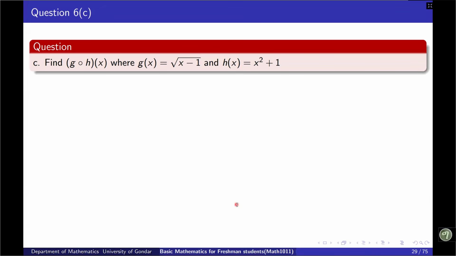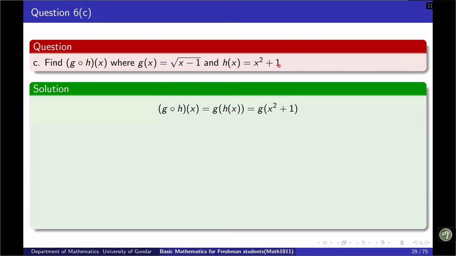The next one is question number C, that is 6C. Find g composite h of x, whenever g of x is the square root of x minus 1, and h of x is x squared plus 1. By definition, g composite h of x equals g of h of x, which is g of x squared plus 1, because h of x is x squared plus 1.